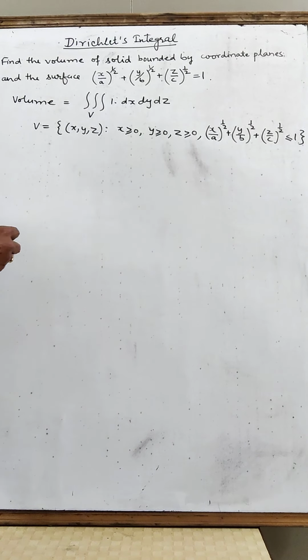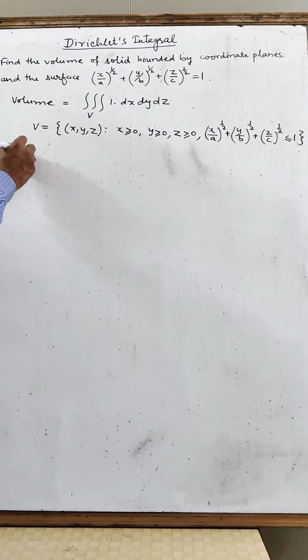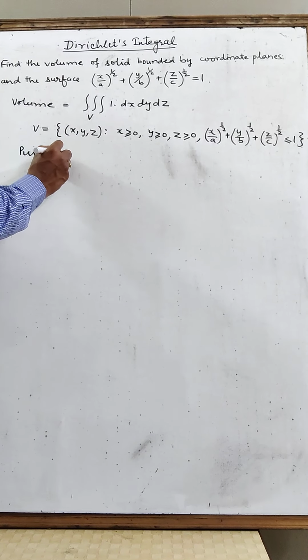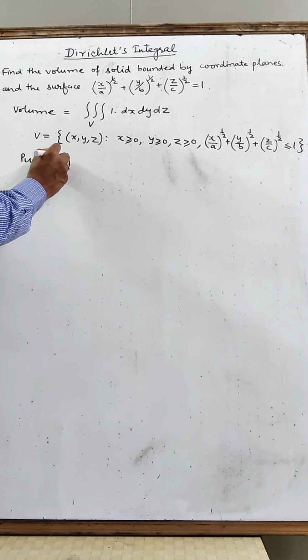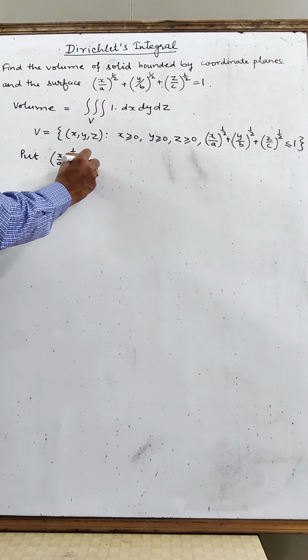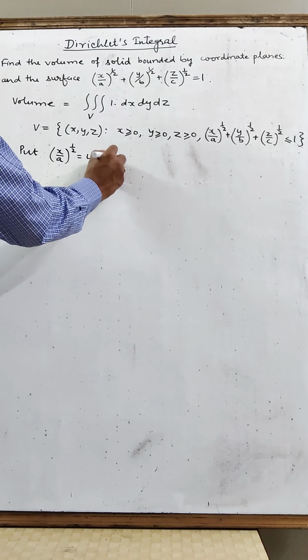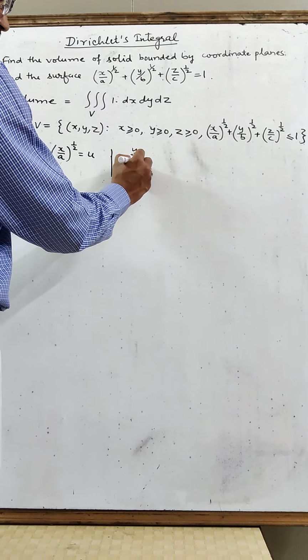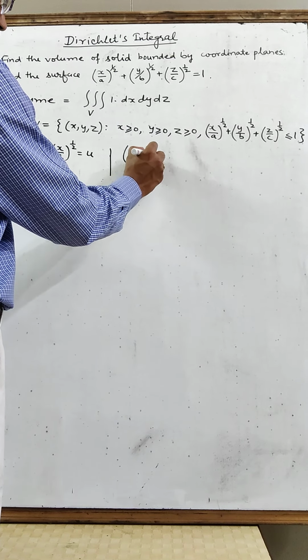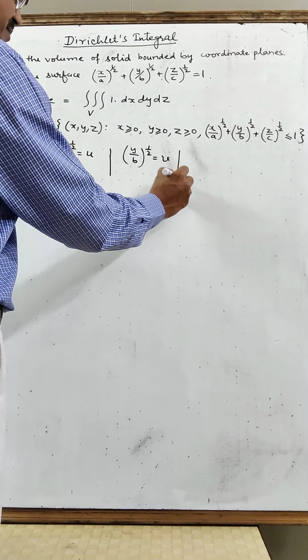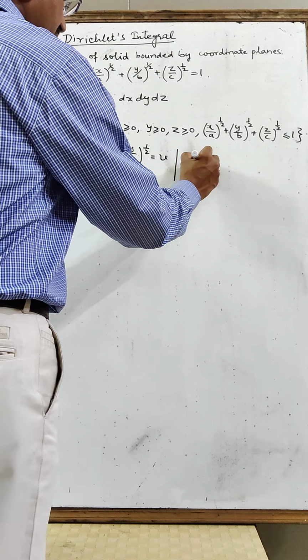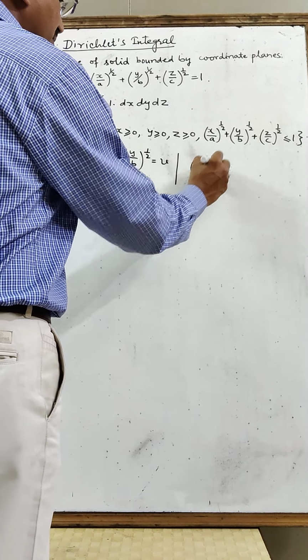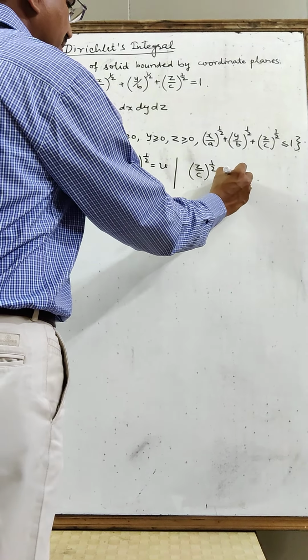So we will use the substitution. Put (x/a)^(1/2) = u, (y/b)^(1/2) = v, and (z/c)^(1/2) = w.